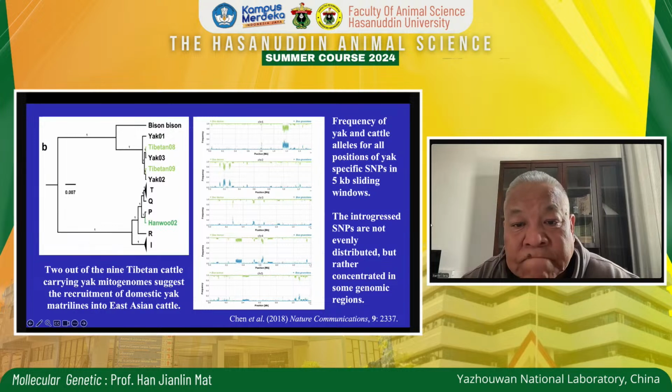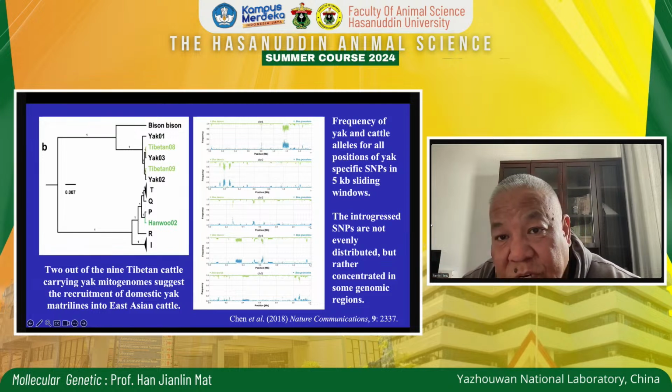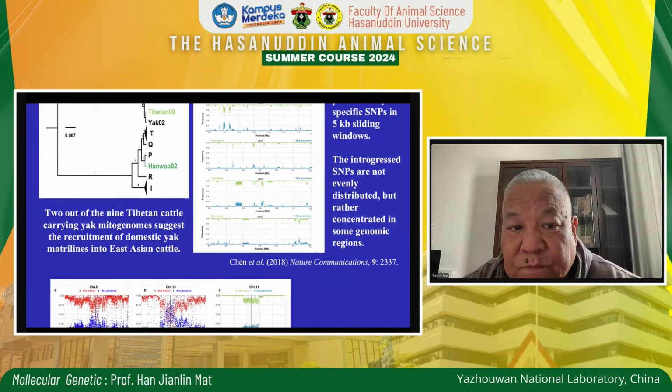We were able to identify what we call the introgression signal in a genome, a particular genomic region, where a cattle breed may carry some alleles of a gene introgressed from another species to support their adaptation to a particular environment. That's where this gene or this DNA mutation can be used for breeding to improve a particular breed.